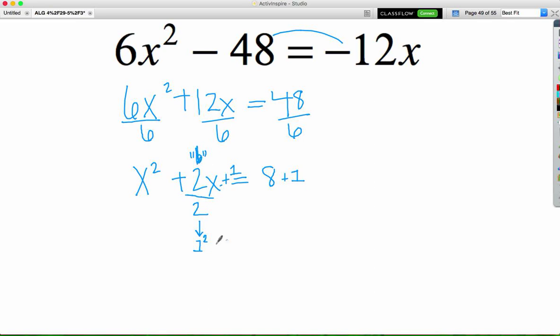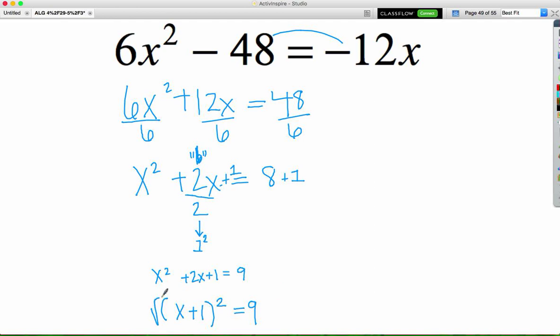Okay. All right, so we've got x squared plus 2x plus 1 equals 9. This is now a perfect square trinomial, and we were supposed to write it as just its one factor squared. So this is really x plus 1 squared equals 9. Okay, so there's two different things here.